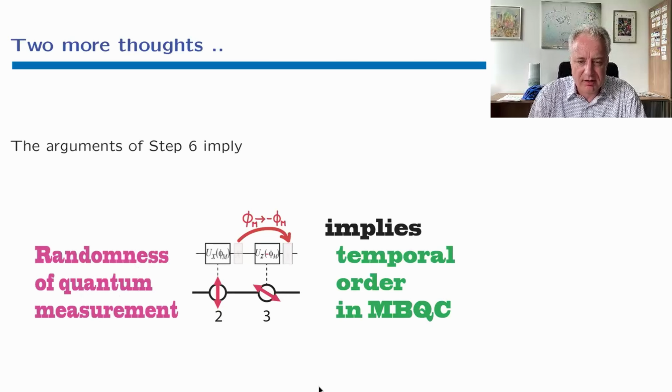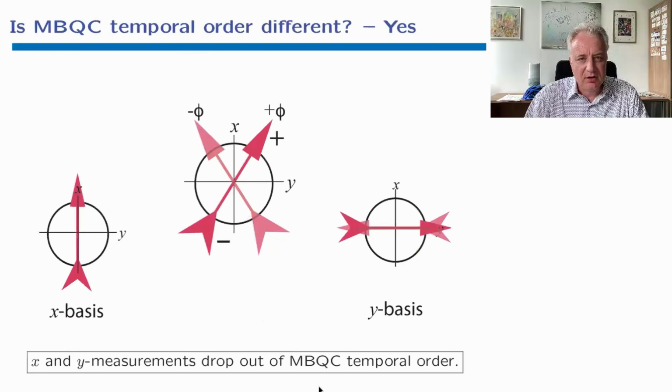There's no a priori temporal order. So the randomness implies it, and it's a kind of fun observation. Now you may ask, is the temporal order in measurement-based quantum computation different from the temporal order in the circuit model? And the answer is yes. It's quite easy to see.